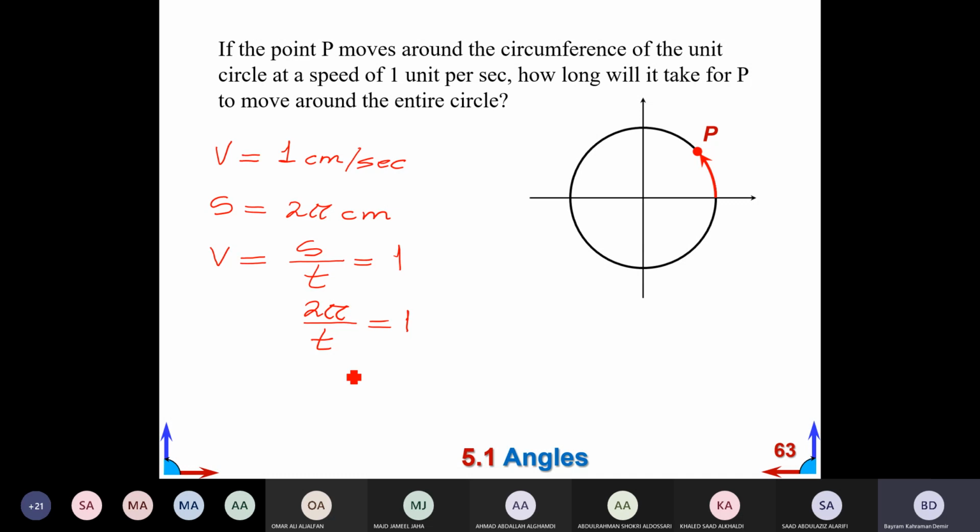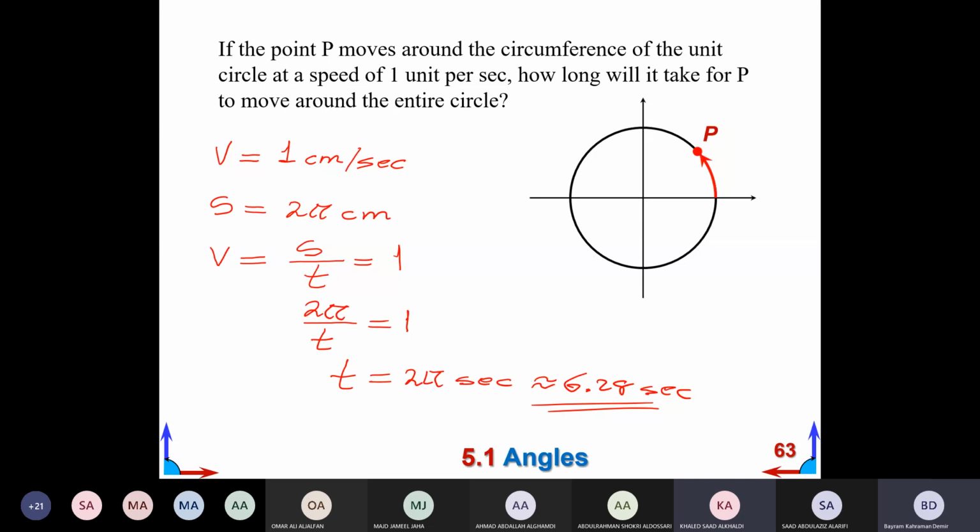Now T is 2 times pi, which is 3.14. You know, pi is a number, 3.14. So T is 2 pi second, approximately 6.28 seconds. Let me write it: 6.28 second.